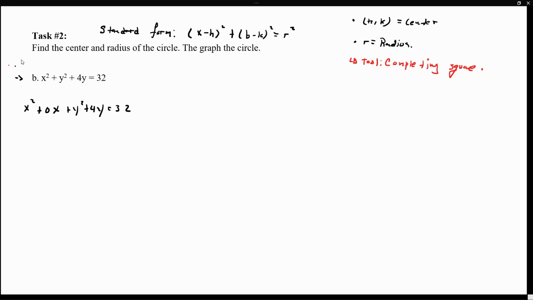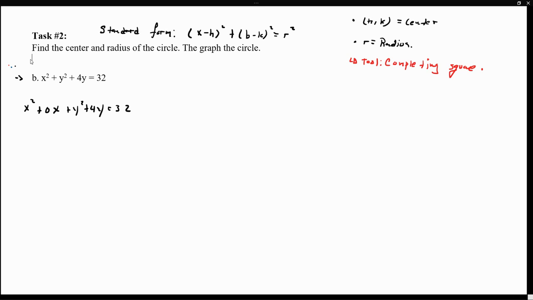Take a second and compare these two equations and convince yourself that they mean exactly the same. Here my coefficient is 0, and 0 times x is 0, so that's why we didn't write it. Now we have the same setup as we had previously in order for us to complete the square. So let's complete the square.